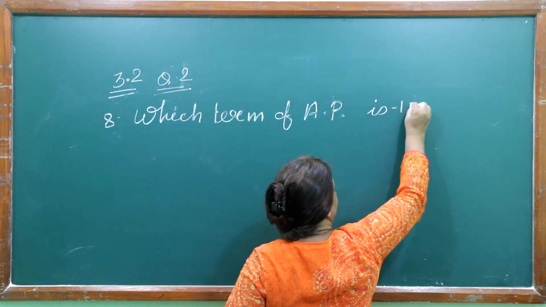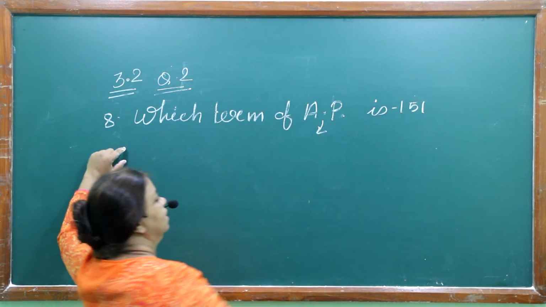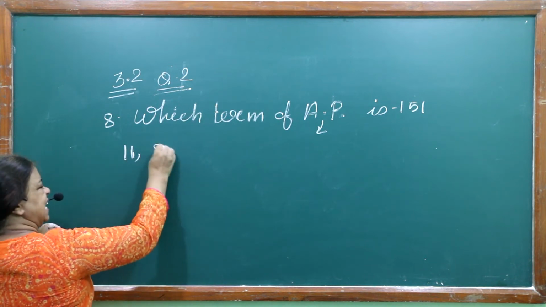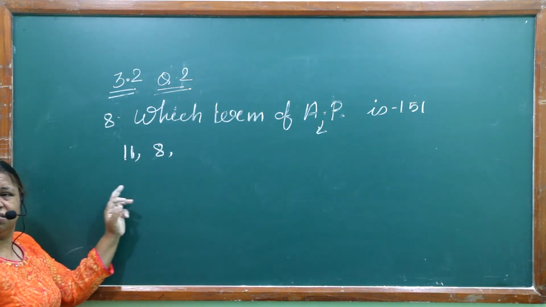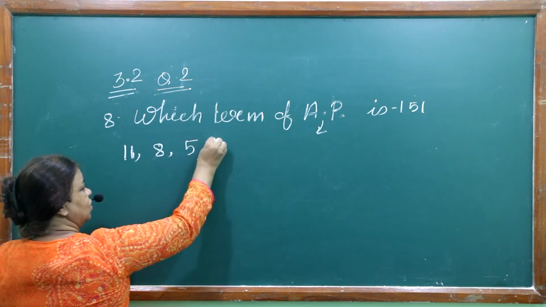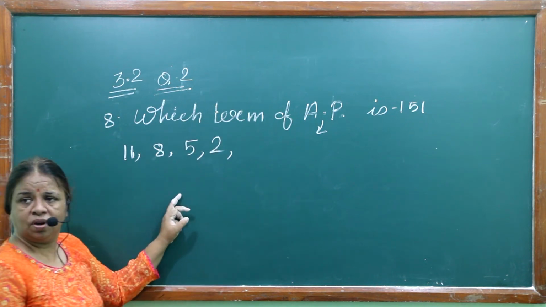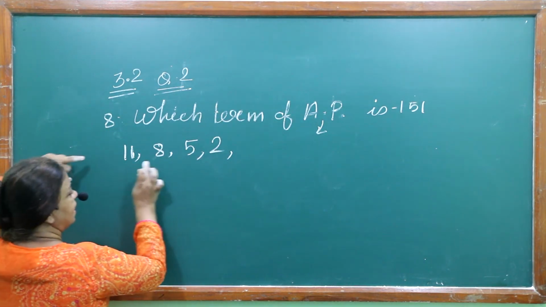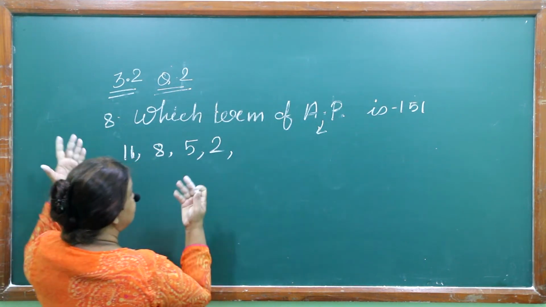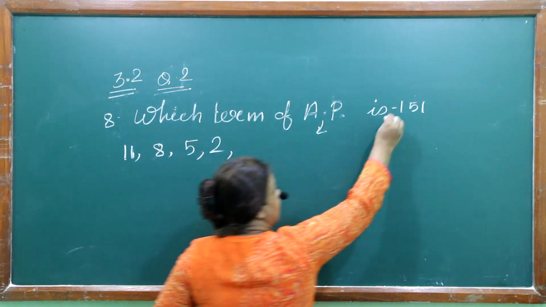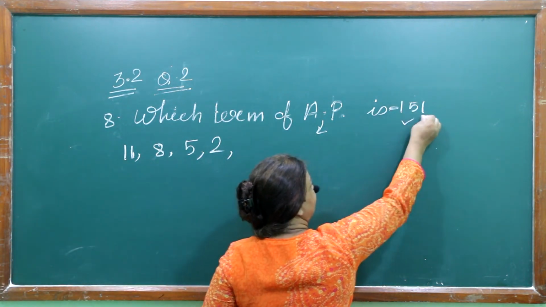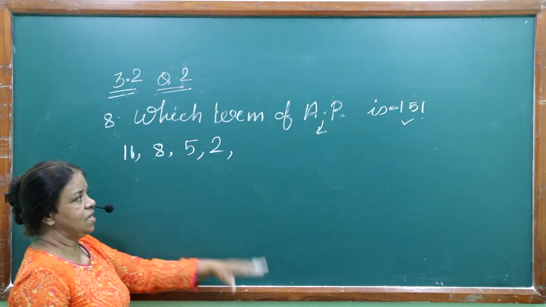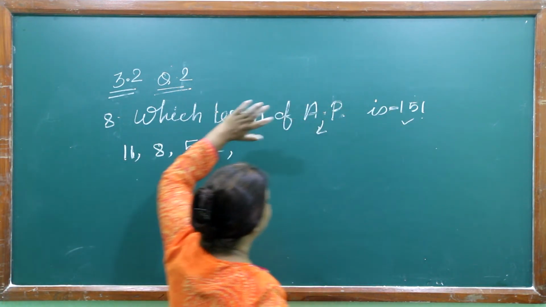The AP is given here. The AP is 11, 8, 5, 2. Which term of this AP is minus 151?